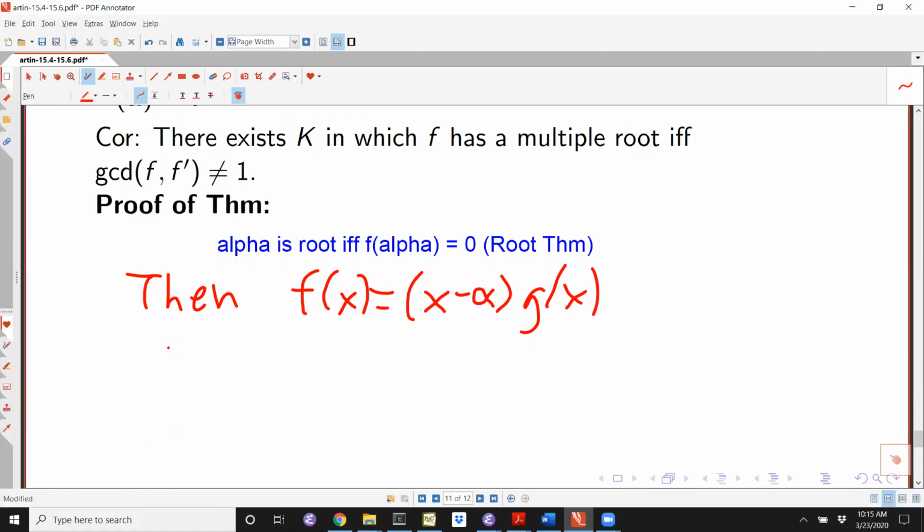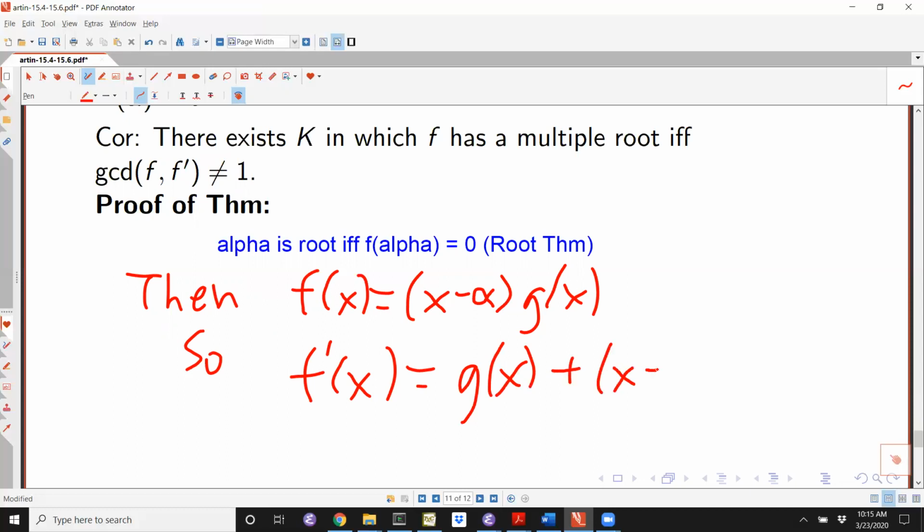So in that case, f prime of x is equal to, now we're going to apply the product rule. It's the derivative of the first times the second plus the first times the derivative of the second.